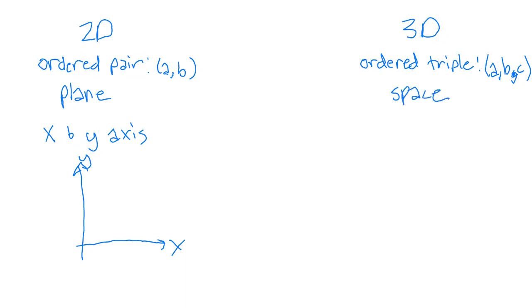In here, we have an x-axis going one way, a y-axis which is perpendicular to that, and a z-axis which is perpendicular to both of those. So we have our x, our y, and our z.